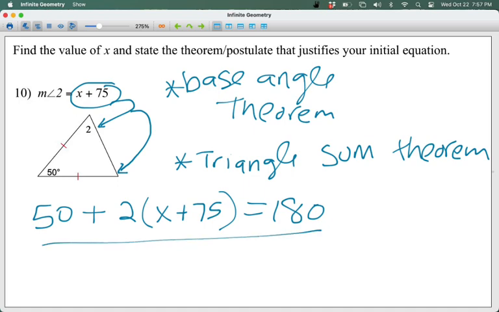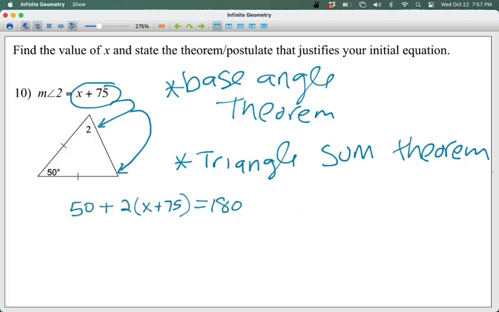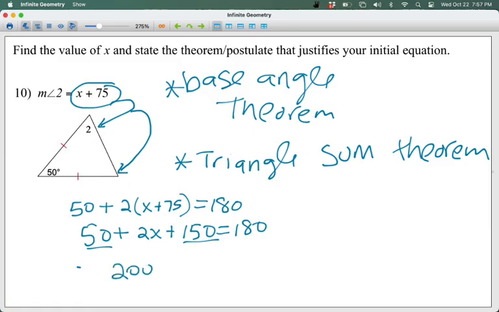Pause this and solve. All right. Check yours with mine.